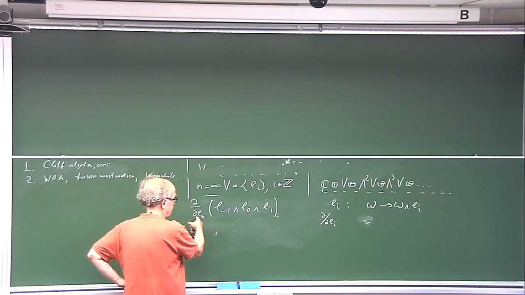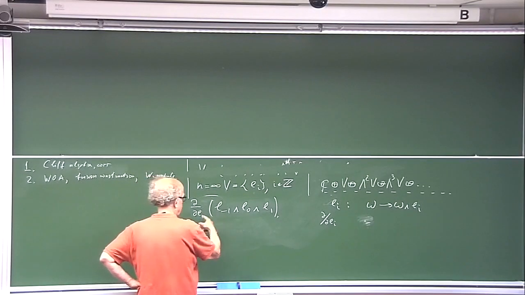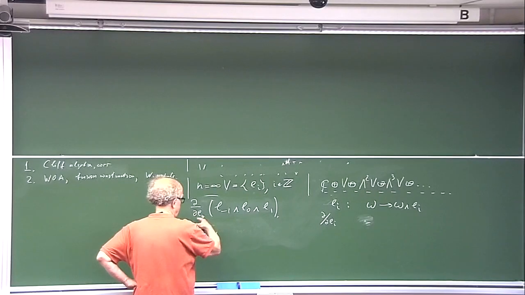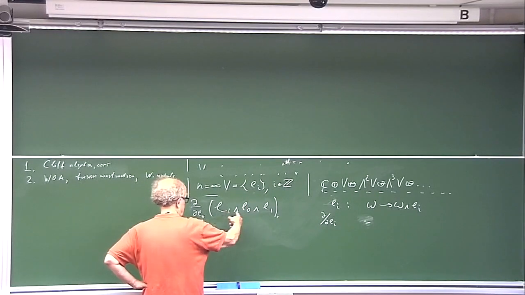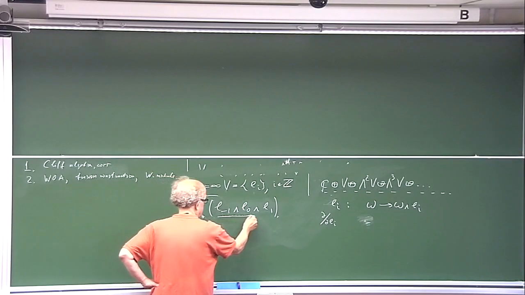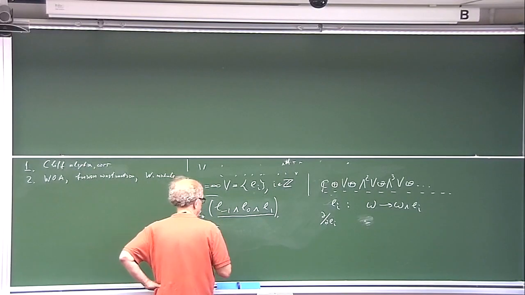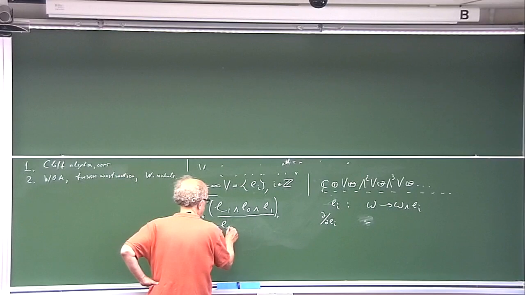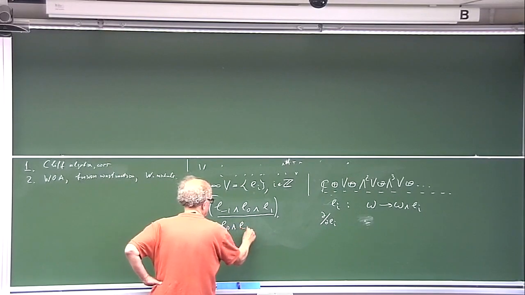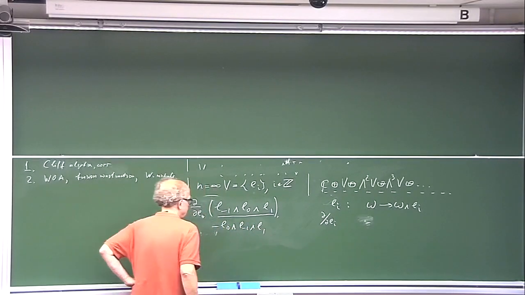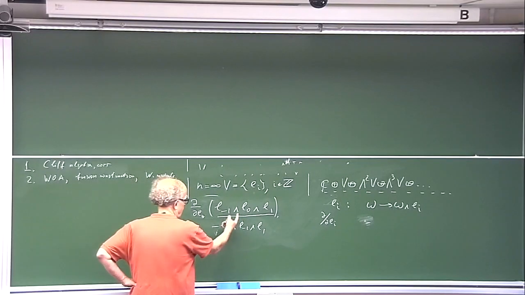Because of this skew symmetric language, first of all I want to differentiate, but the procedure is the following. First, we can write this as e_0, e_{-1}, e_1, in order to put e_0 in the first position.